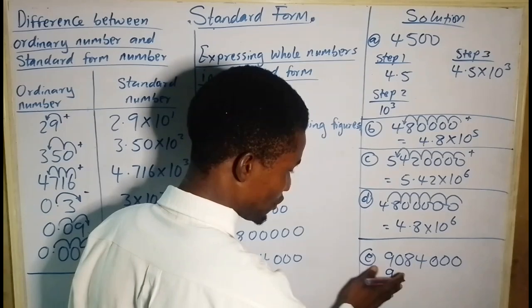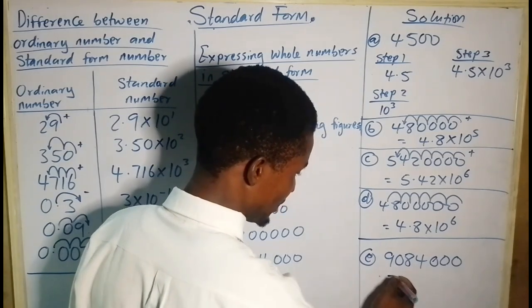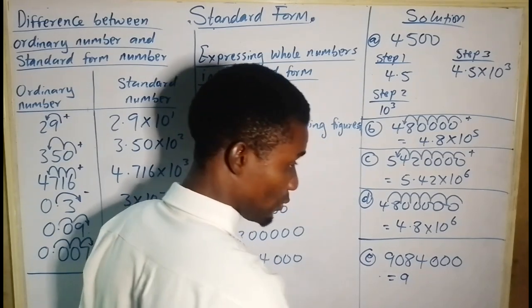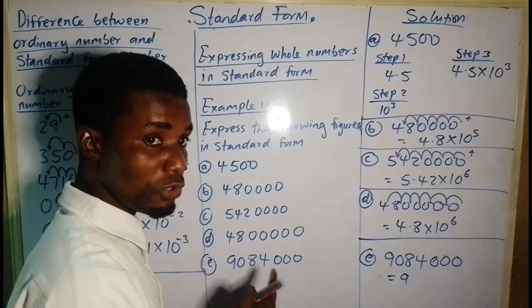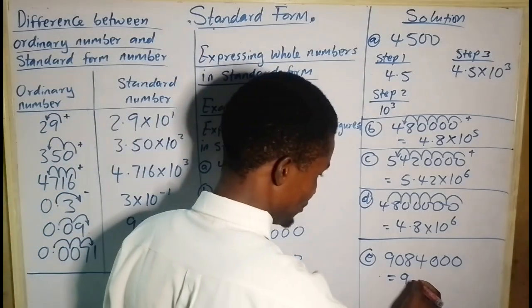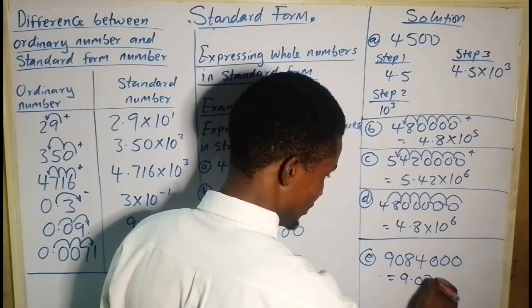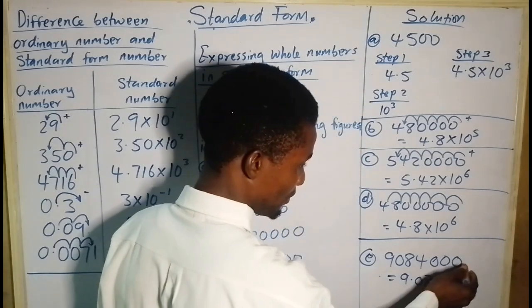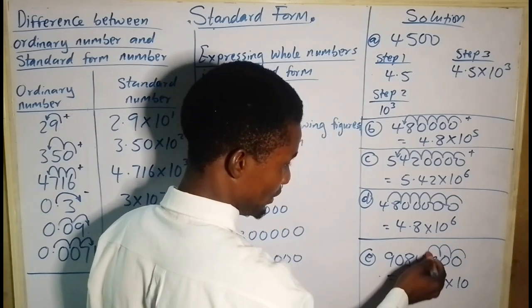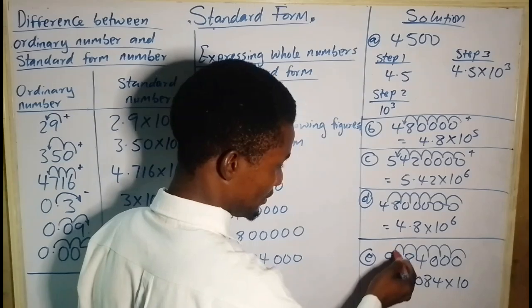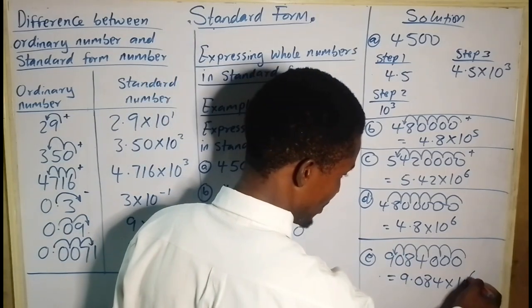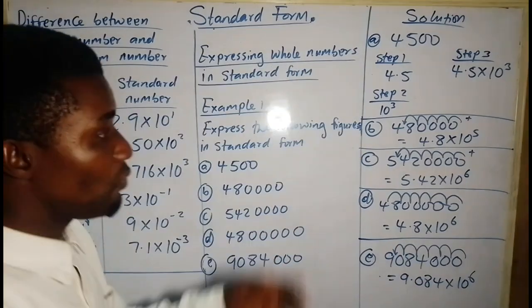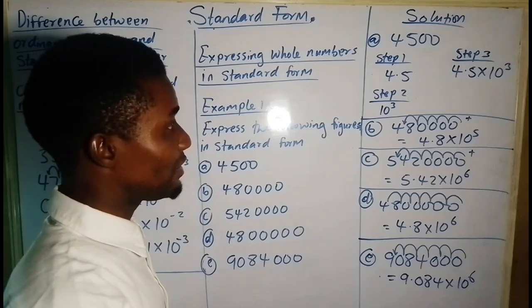Let's consider the first digit, which must be greater than or equal to 1 and less than 10. So 9.084 times 10 raised to power 1, 2, 3, 4, 5, 6, times 10 raised to power 6. So this is the way to express our numbers in standard form.